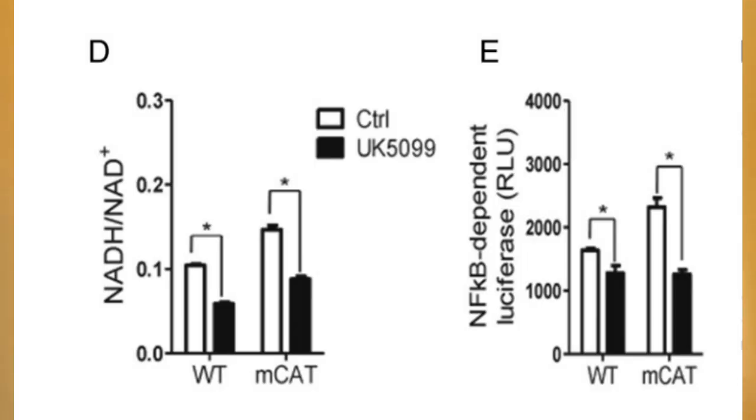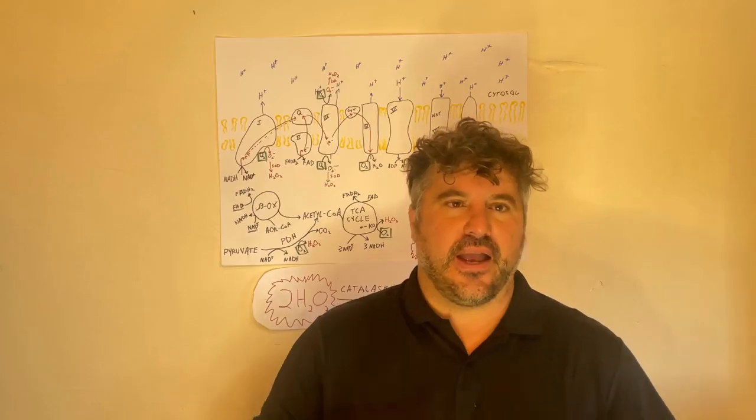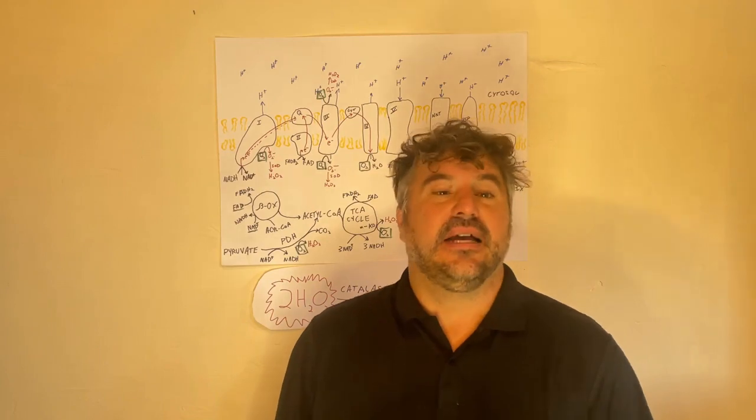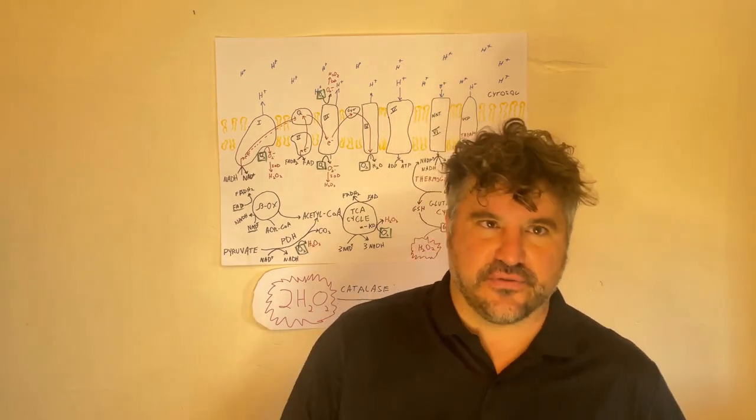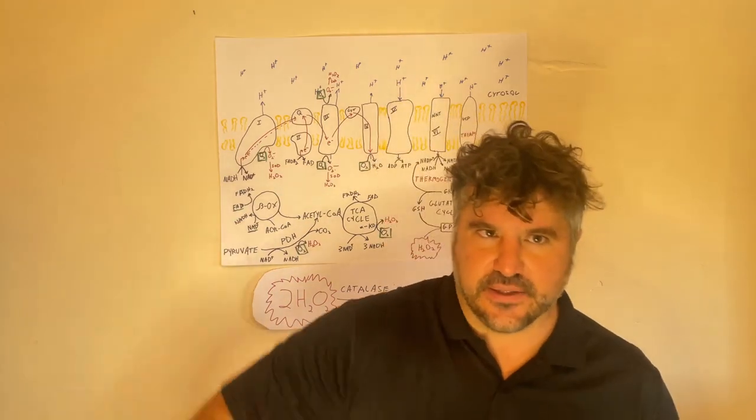They did a similar thing using a pharmaceutical that reduces reductive stress, that increases the NAD plus to NADH ratio and oxidizes the NADH pool. And those cells showed less reductive stress and less inflammatory response.